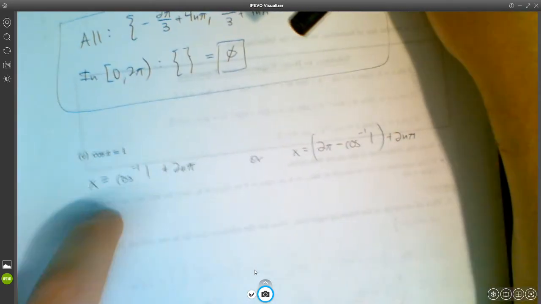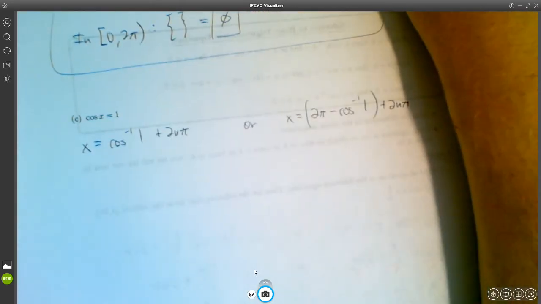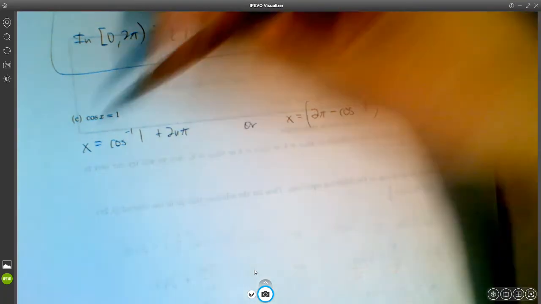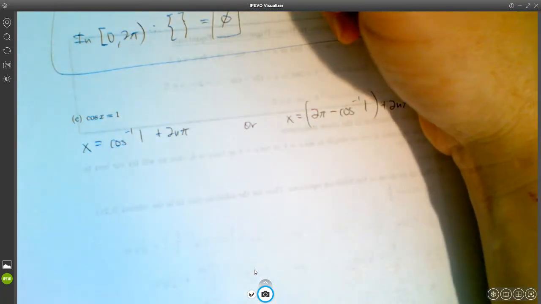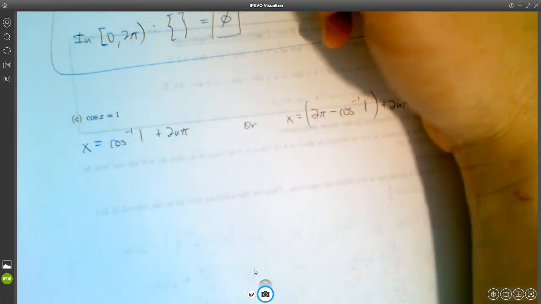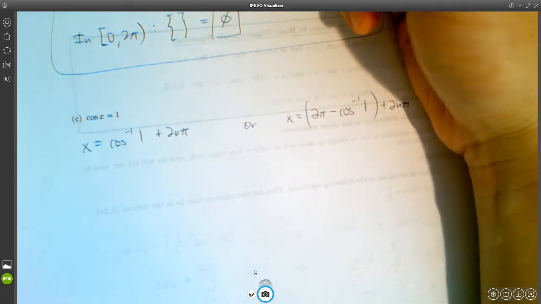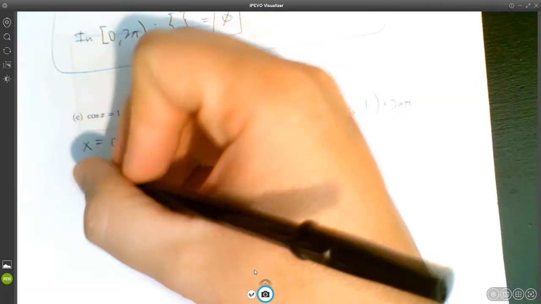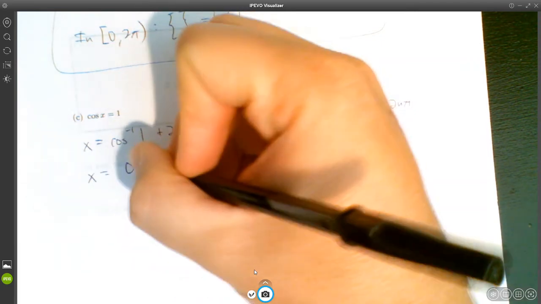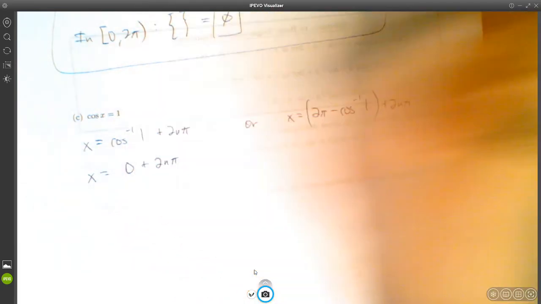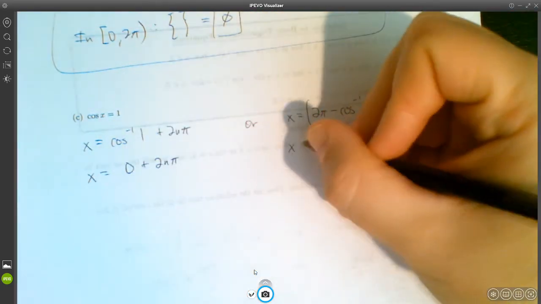The good news is that x is already solved for here. There's really no additional work to be done other than to simplify these things. Cosine inverse of 1. Cosine of 0 radians or 0 degrees is equal to 1. So this is going to be 0 plus 2n pi. This one is going to be 2 pi minus 0.